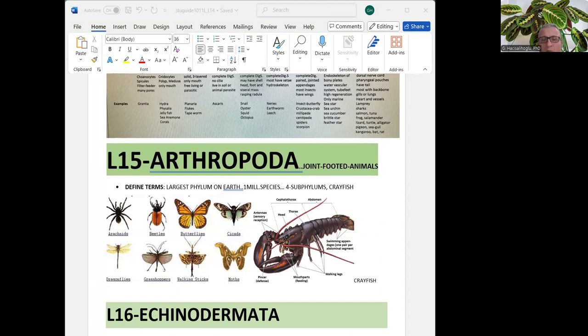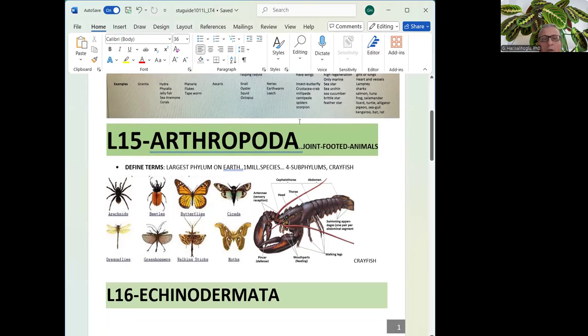Lab 18 is more vertebrates, muscles, and internal anatomy of the frog, and then we complete there. So basically just four labs: arthropods, echinoderms, chordates, and specifically the frog system. Okay, so when you're studying, pay attention to each lab, starting with Lab 15.